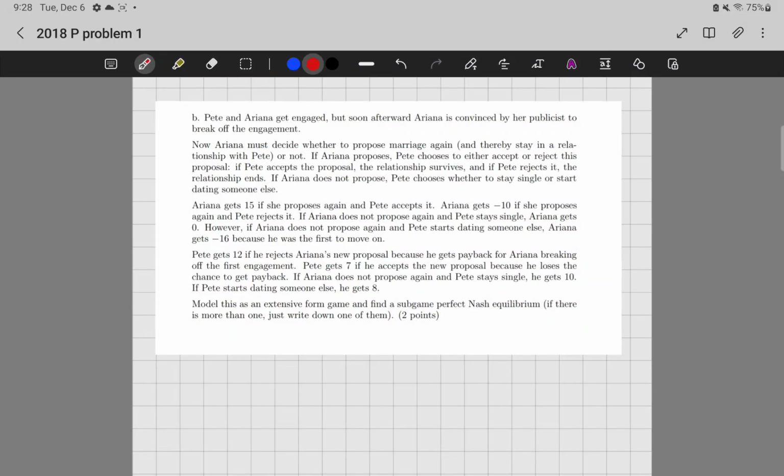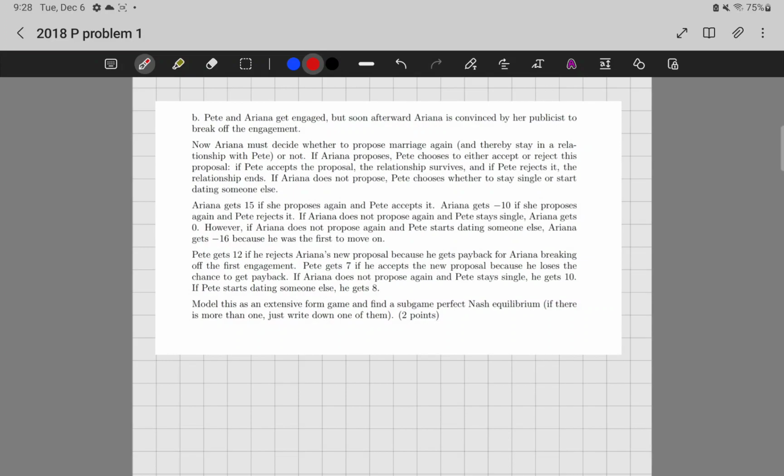If Ariana proposes, Pete chooses to either accept or reject the proposal. If Pete accepts the proposal, the relationship survives, and if Pete rejects it, the relationship ends. If Ariana does not propose, Pete chooses whether to stay single or start dating someone else.